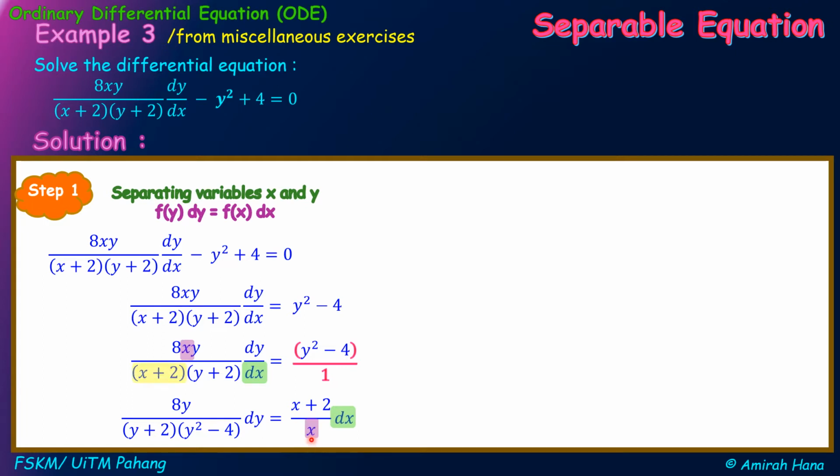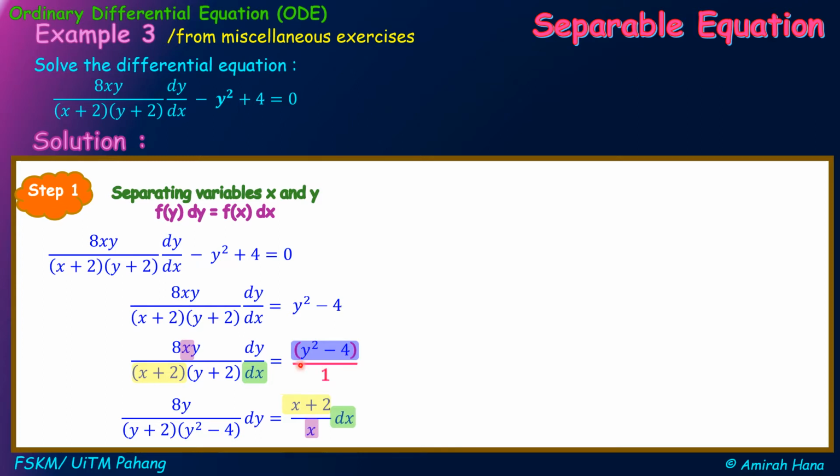And x plus 2 is in the denominator, so when we move to the right hand side, it becomes the numerator. Now all on the right hand side is variable x and dx, so we need to move variable y to the left hand side.